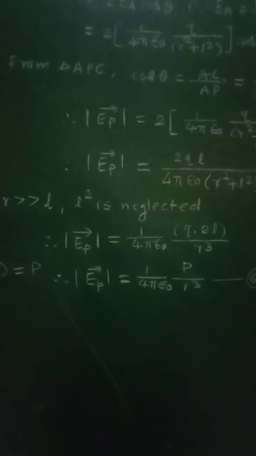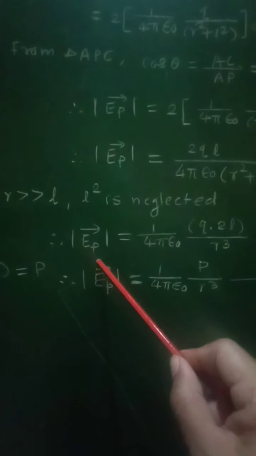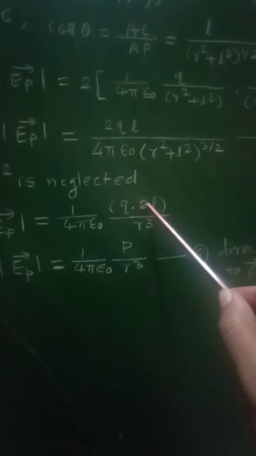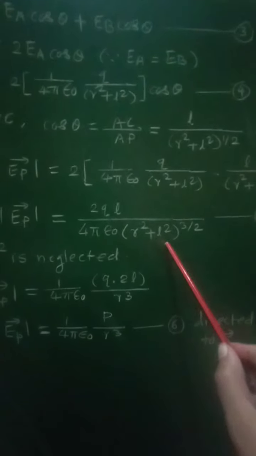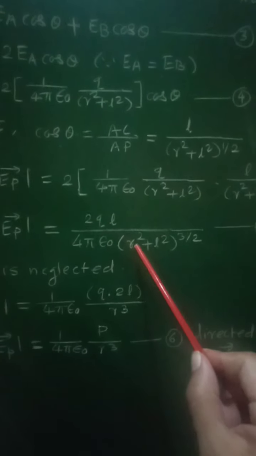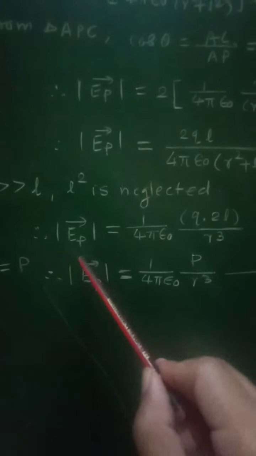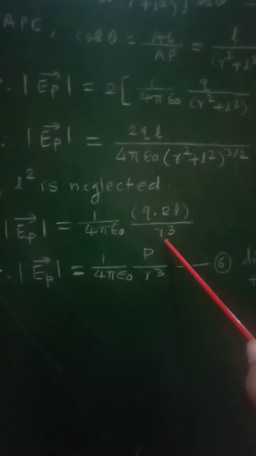L square is neglected because L is very small, then its square will be again too small, and therefore we can write the magnitude of vector EP will be equal to 1 upon 4 pi epsilon 0 q into 2L upon r cube, because from this relation L square is neglected, therefore we will get r square raised to 3 by 2, that is r cube, and therefore we will get the magnitude of vector EP equal to 1 upon 4 pi epsilon 0 q into 2L upon r cube.